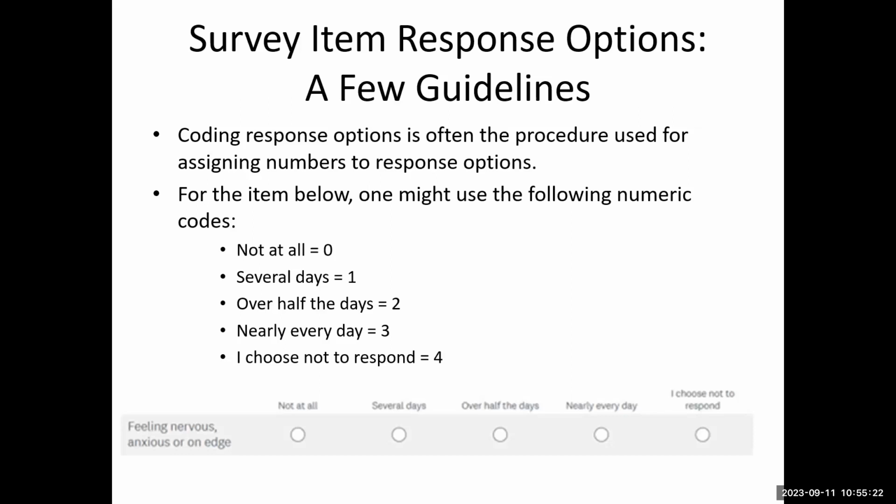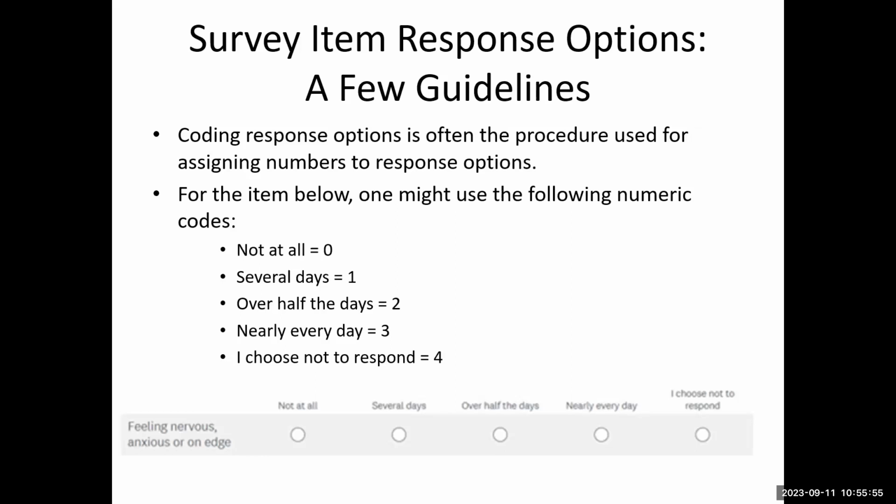when we're talking about that, we're typically talking about assigning numeric values to various response options. Typically, when we're running analyses, that's the way our variables are coded. And so I've got one of the hypothetical GAD-7 items down below, and this is what the respondent sees as they're completing the survey. So the item is feeling nervous, anxious, or on edge, and then the respondent selects from the 5 response options: not at all, several days, over half the days, nearly every day, or I choose not to respond.